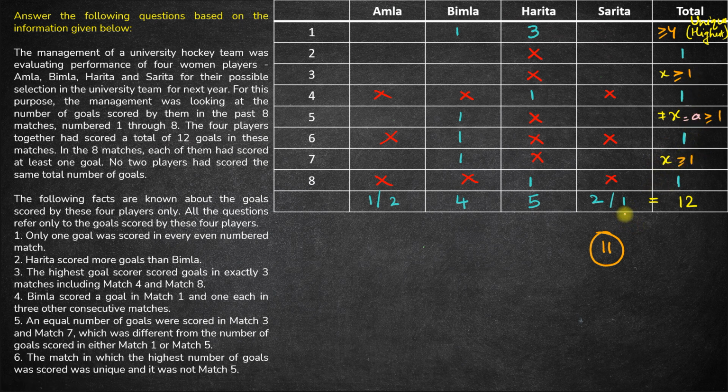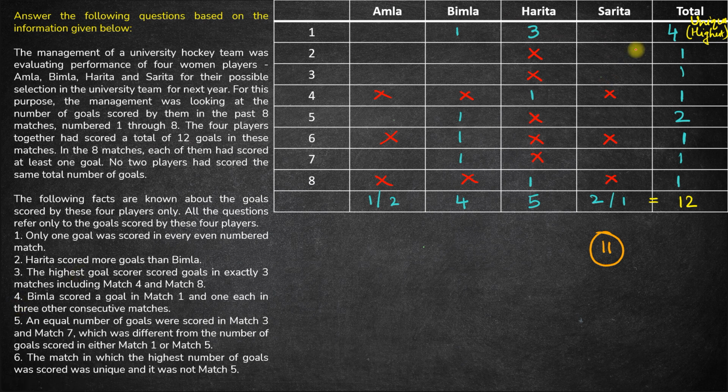So that 1 extra goal that has to be scored will have to be scored over here, because this value cannot be equal to the x value. Hence, this must be 2. So this is 2 and these numbers become exactly 1, 1 and this will be exactly 4. Right? This is the only possible way this condition can be satisfied.